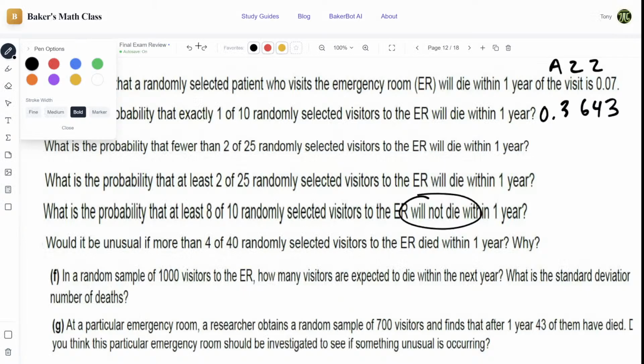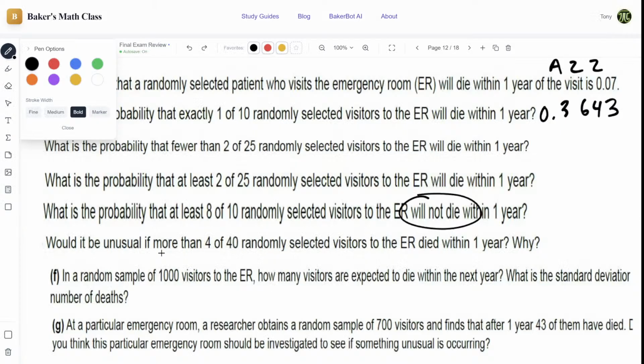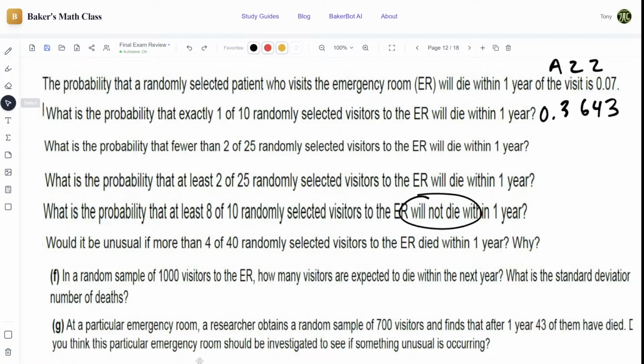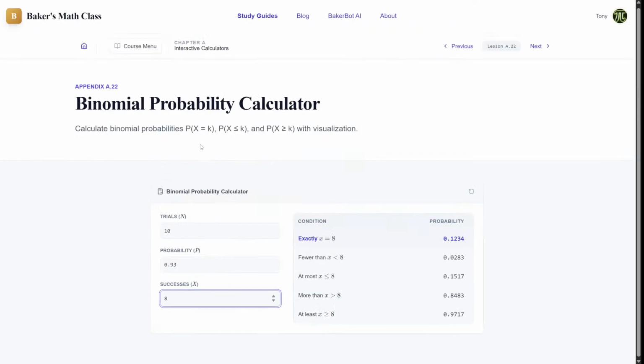And it says at least 8 out of 10 will not die in the first year. So at least would be 97.9717.